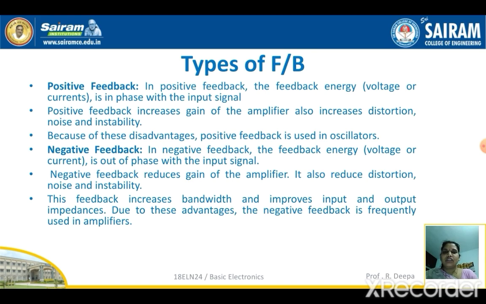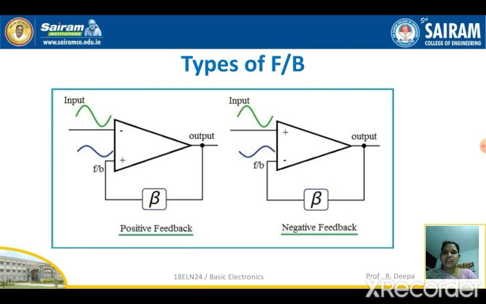So what is a positive feedback amplifier? In a positive feedback amplifier, you can observe the feedback energy, either the voltage or the current, will be fed in phase with the input signal. A part of the output is fed as an input to the input terminal, thereby both the input signal and the feedback signal are in phase.